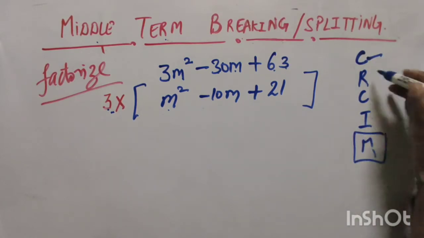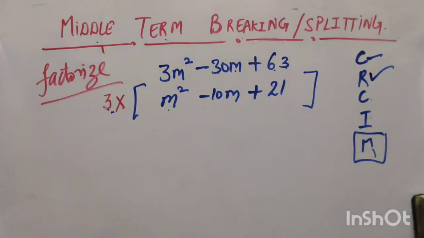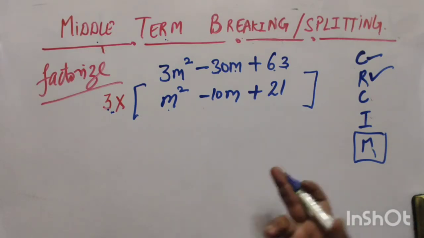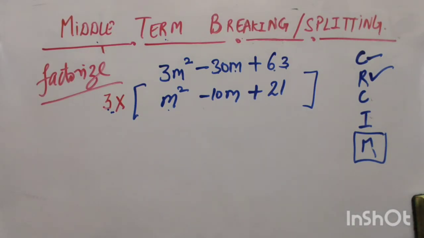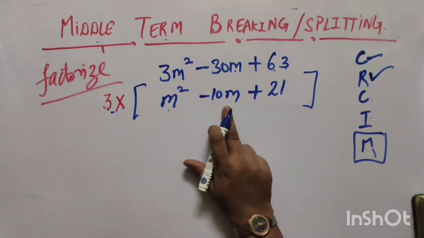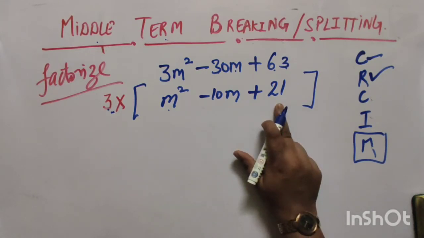Right. Now we will go with regrouping. Only 3 terms are inside the bracket. So what will we do? We will try to make groups of them so that we can take out more common numbers inside the bracket. As you can see here, only these 2 terms can make a group and this term will be left alone.